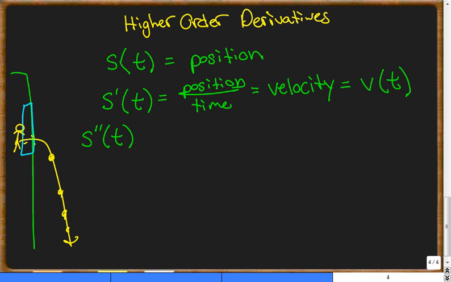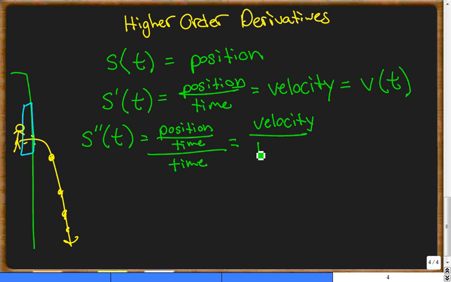So a derivative of a derivative, and that tells me something else. This is the same thing as velocity over time, right? Because I'm differentiating with respect to time again, which if you remember your physics, we call acceleration, which we call a of t.